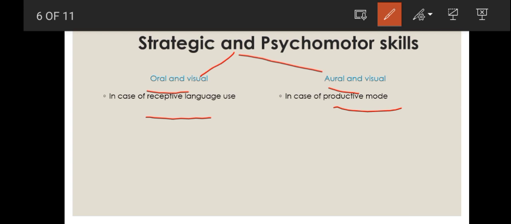I am going to discuss with you like this. In oral and visual, when you receive something, you use your vision powers and you ask questions to yourself. It is also a mentalistic mode. On the other hand, the second one is the productive mode, when you give a lecture, when you speak something, when you communicate with others.